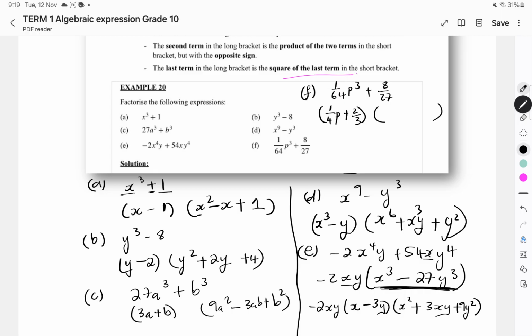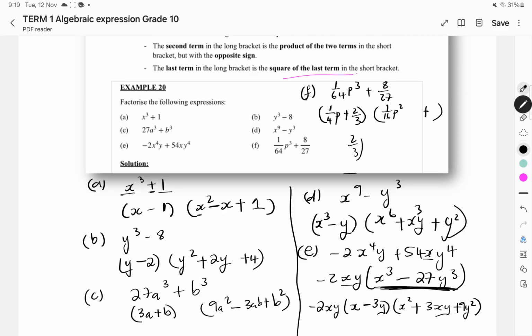And then this bracket says you must square this one. So you get 1 over 16p squared. And then also you square the last one. This we know it's plus already.